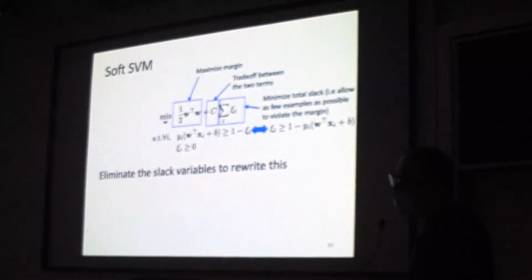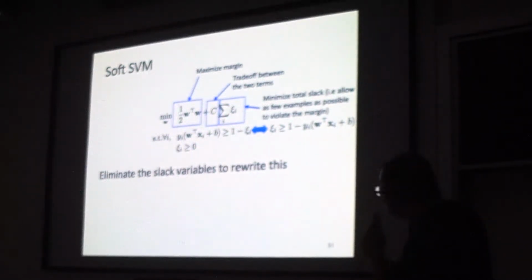Right? So now if we take a look at the objective function, we want to minimize this term plus the summation of slack variables. Of course, we can directly set ξi to be the smallest value it can take, and then we don't need to consider this part. According to the lower bound of ξi, the minimum value of ξi is actually the maximum between 0 and 1 minus the function margin.